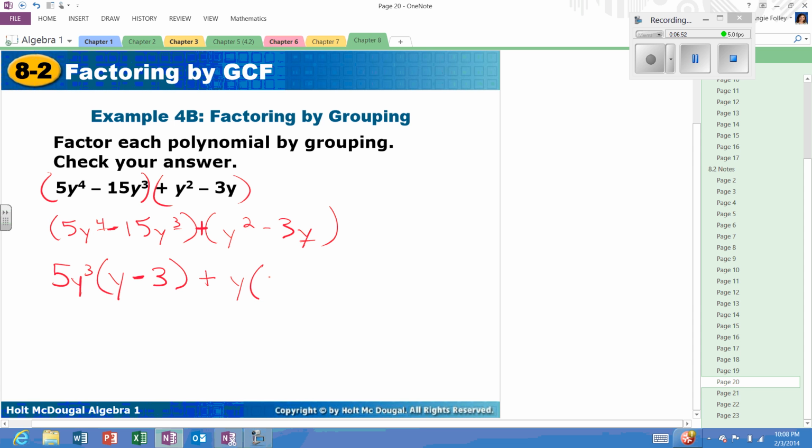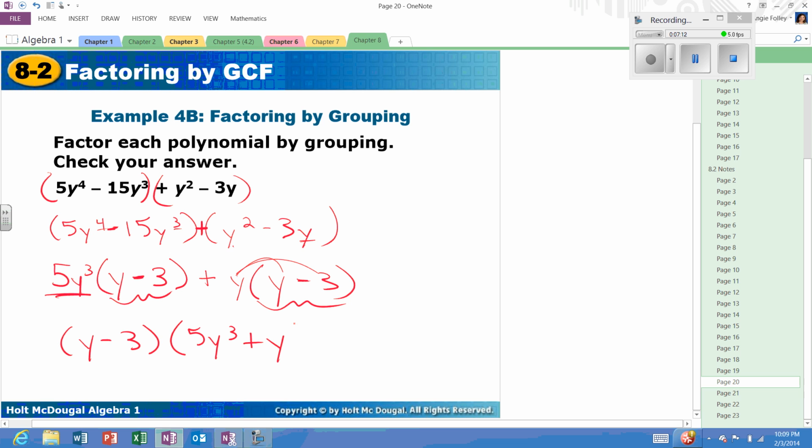And then I'll have y minus 3 left inside, because if I multiplied y back through, I would get to y squared, and y times negative 3 would get me back to minus 3y. Now we've got a common binomial we can pull out of both parts, and I've got 5y to the third plus y. So this is my factored polynomial. If you guys notice down here, I kept a plus sign, and then when I pull out, I've got these multiplied by each other, so just be aware of that.